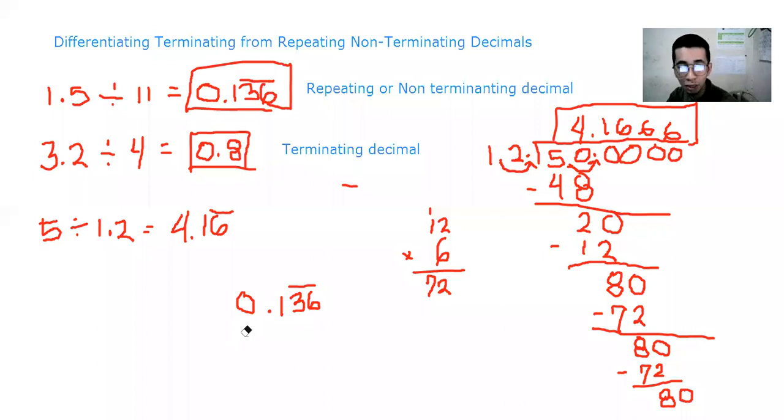Okay? Dito naman kasi sa atin, ang paulit-ulit natin is 6, 6, 6, 6. So, pwede natin lagyan ng isang bar si 6. Then, burahin na natin yung ibang 6. So, our answer will be 4.16 na may bar tayo sa 6. Okay?